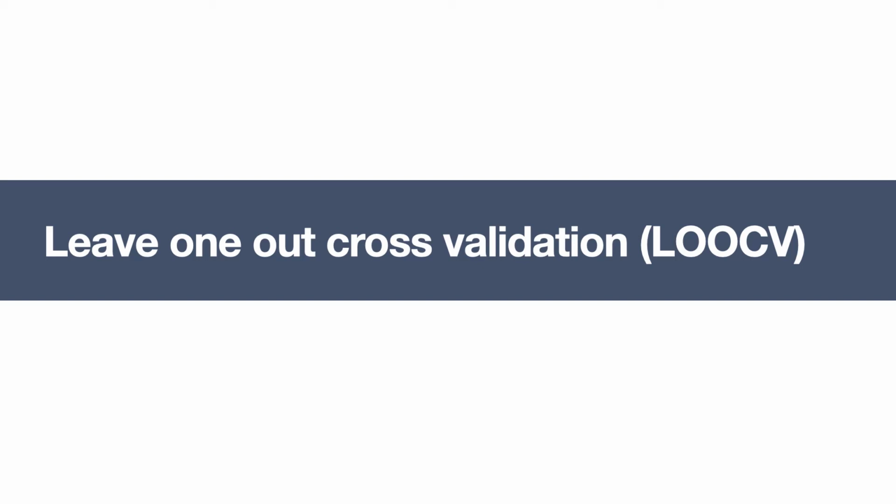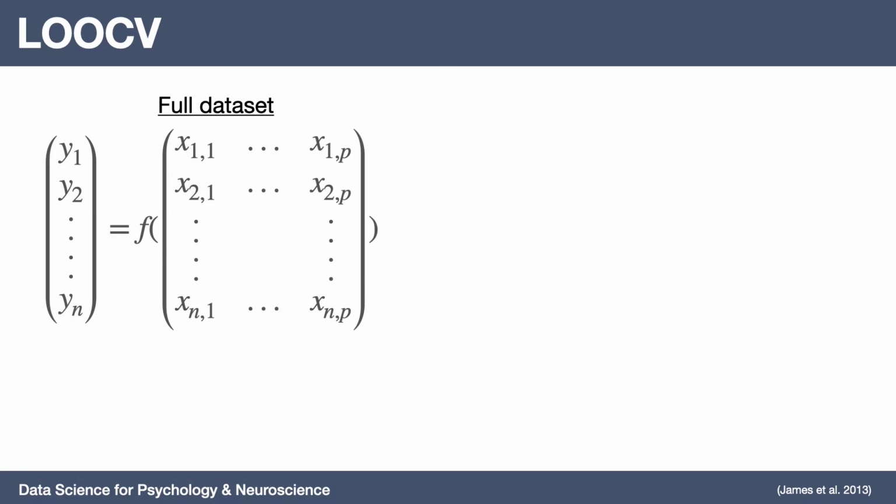The simplest way to think about how to build a validation set with a single data set is using leave one out cross-validation. The logic is quite intuitive and simple. Let's say this is my full data set. I have n observations and p variables in x. In order to do leave one out cross-validation, you iteratively go through your data set such that every observation has a chance to be the test set once.